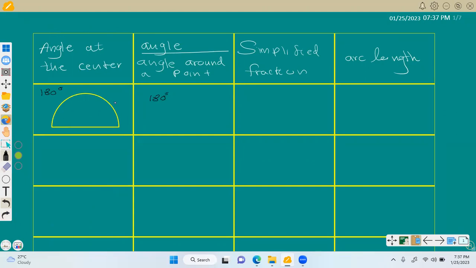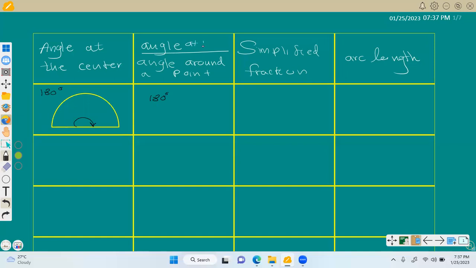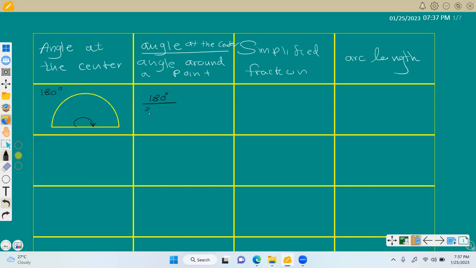Okay, if the angle at the center of a circle is 180, then what is the sector that forms? It is called a semicircle, no? Then here we have considered the ratio between the angle at the center and the angle around the point. Okay, then angle at the center is 180 upon 360.